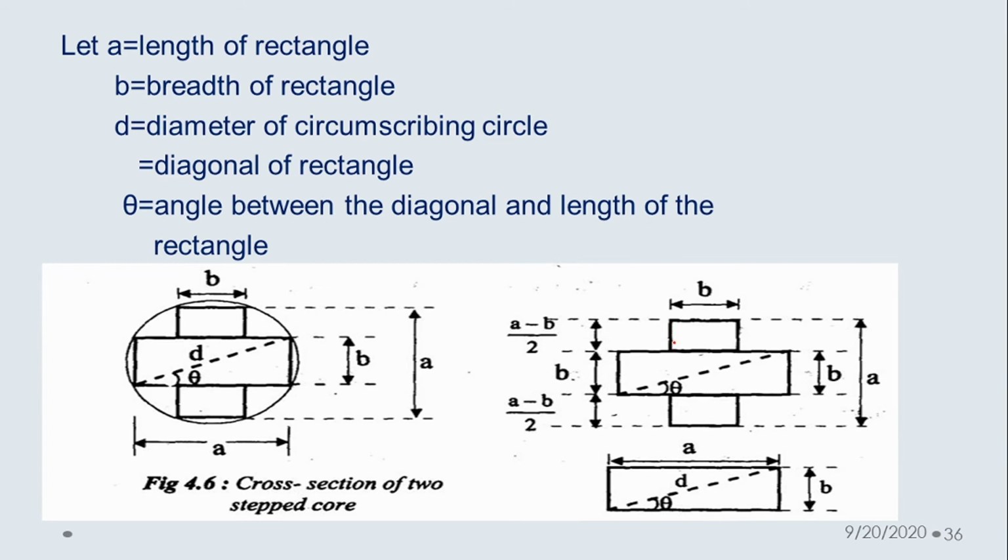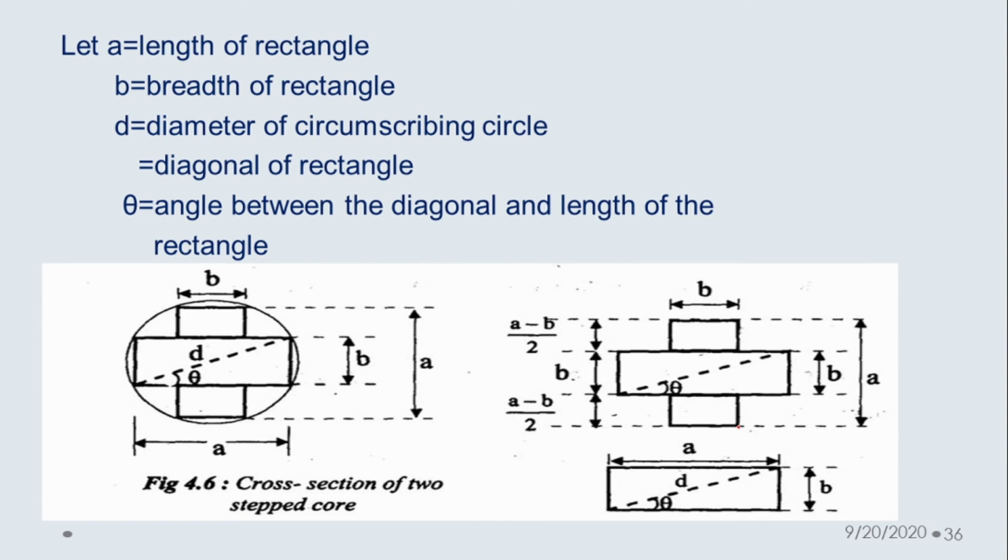This is B. So here also it is (A minus B) by 2. This is one part and this is another part. In the bottom side also it is (A minus B) by 2. Hope you understand.